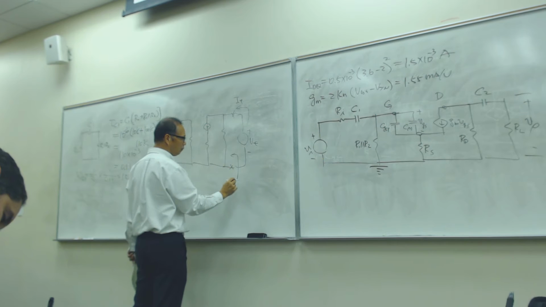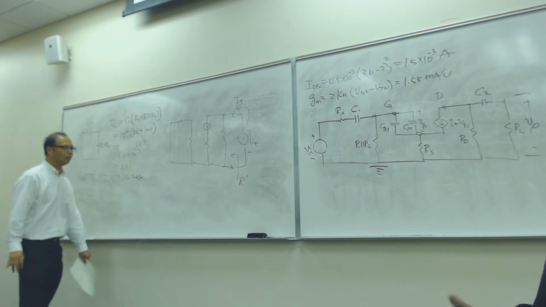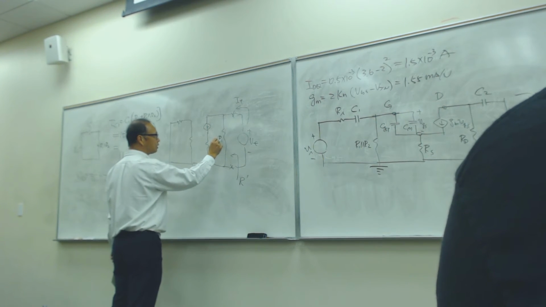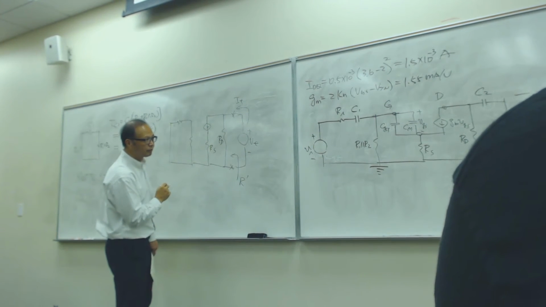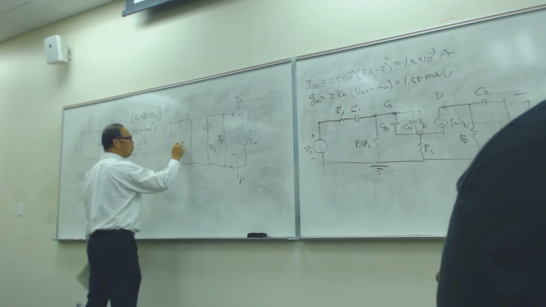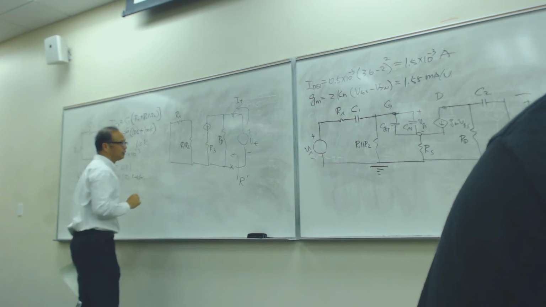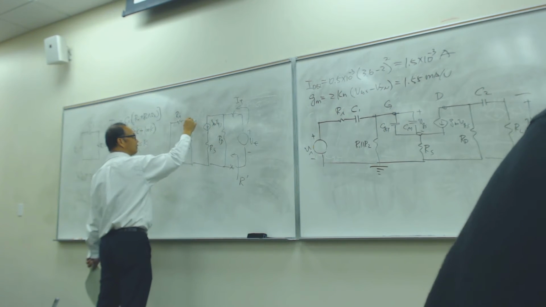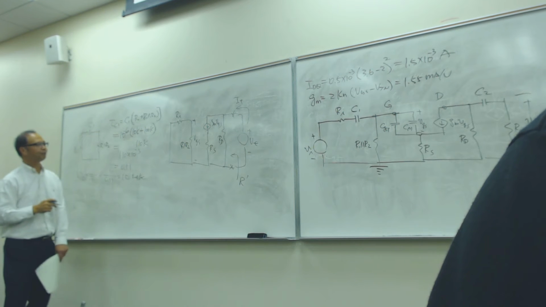So you want to find some R prime here. So this is R sub L, R sub B, yes? This is R sub S, this is R1, this is R2, correct? This is R sub I, Gm VGS, right? So this is VGS right here.